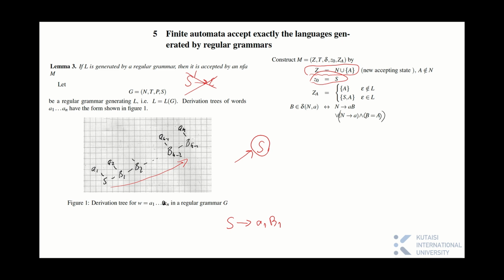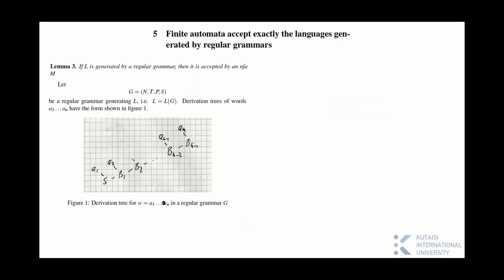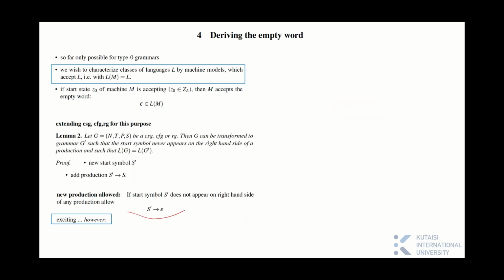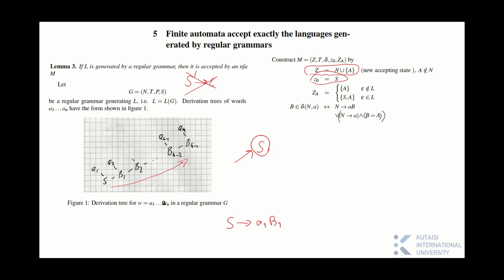There is this production rule, otherwise I wouldn't be able to draw this. This means that, according to my definition, from S, I can go to this guy here. So basically, let me not confuse you: if I read A1, I can go to B1. This is what it says.